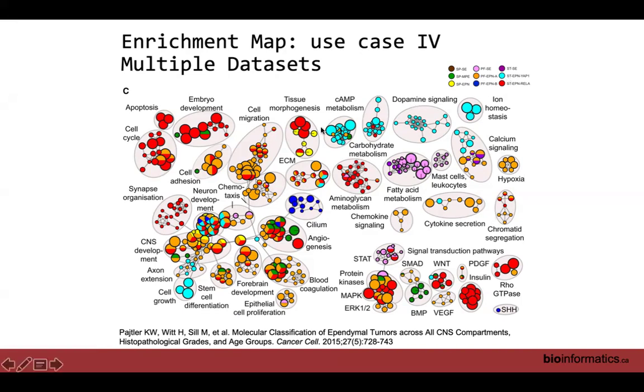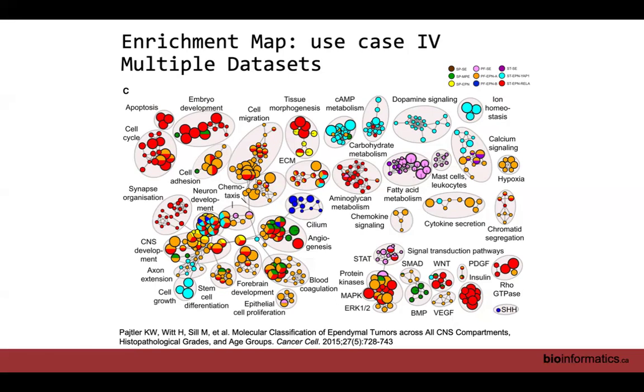So over here, again, each node is a pathway, but it's colored according to a specific cancer in this case, right? So what you can see is there are specific pathways or specific themes that are more prevalent in certain types of the disease in this network. So this is an example of how you can use it for multiple data sets.